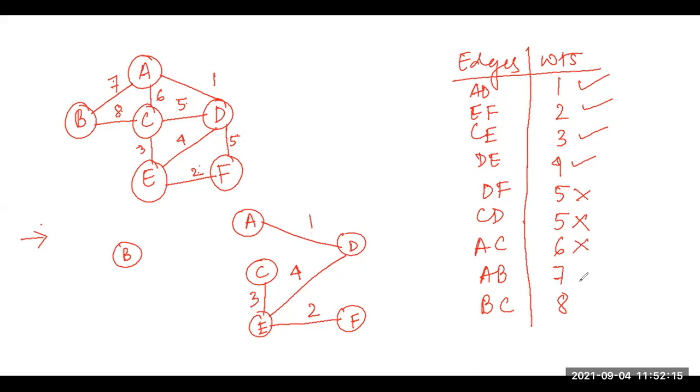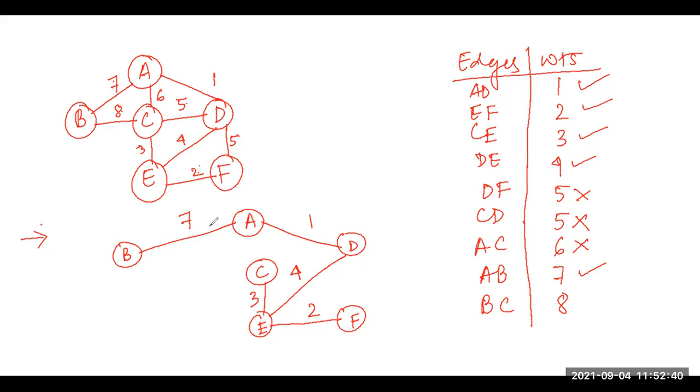Then remaining is AB. Should I include AB? Yes, I may include AB. Right? Fine. Should I include BC, or do I even need to include BC? I do not need to include BC anymore. Why is that?